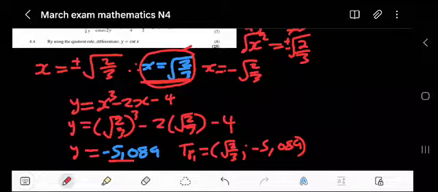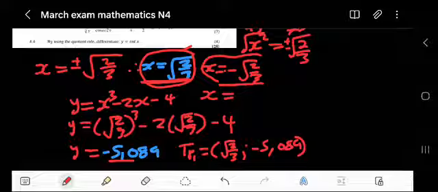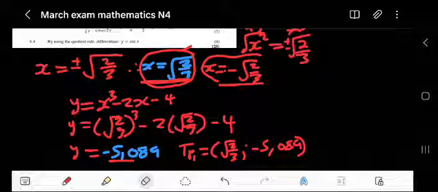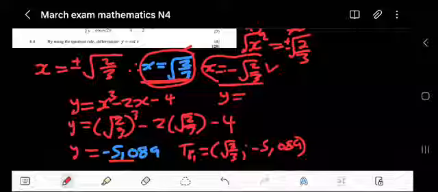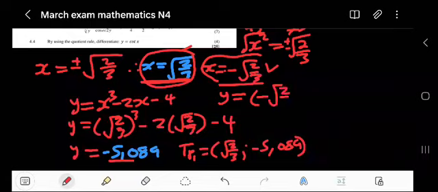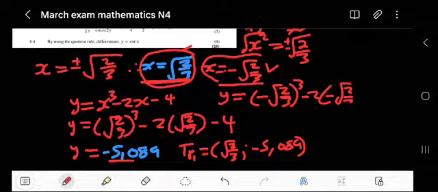Let us check this one now using the negative. If we use the negative x value, we want y again. So y using the negative will be the negative square root of 2 over 3 cubed minus 2 times the negative square root of 2 over 3 minus 4.